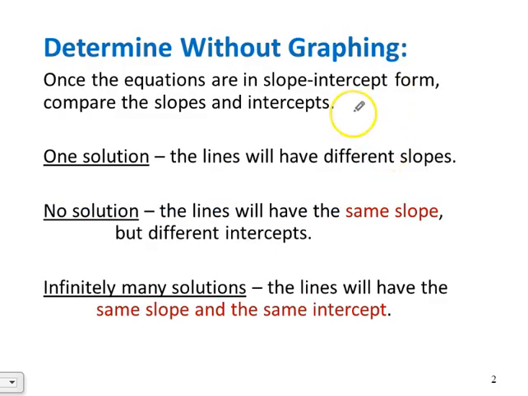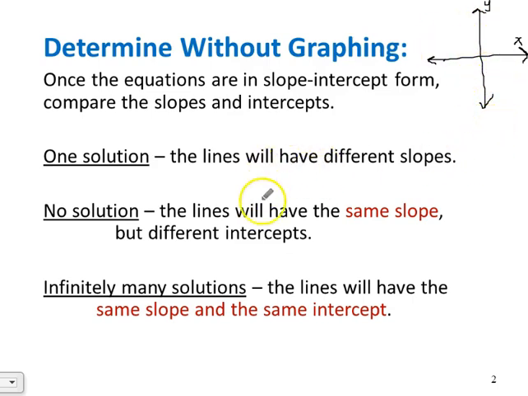All right, so remember, we did look at how we can actually solve by graphing, where we would graph both of our equations in a coordinate plane and see where our lines cross or intersect, and that would be the solution.